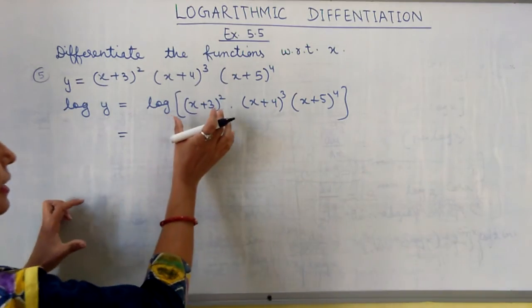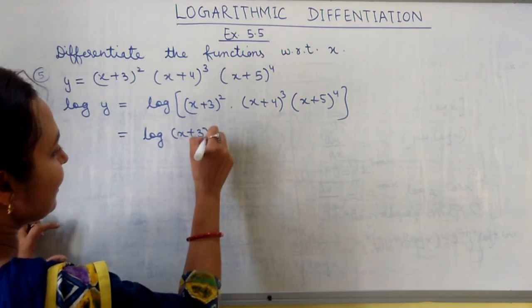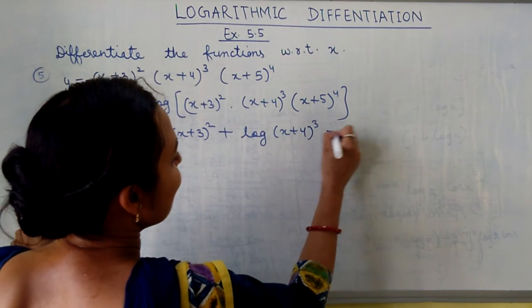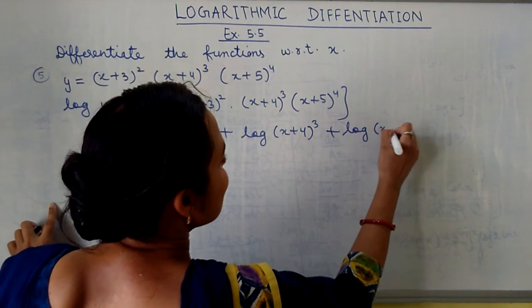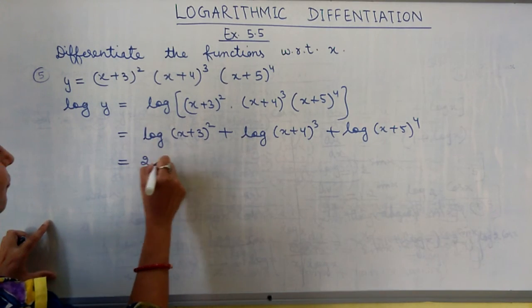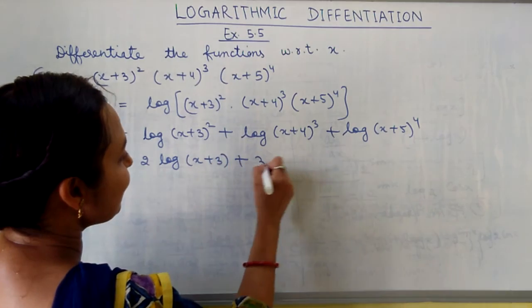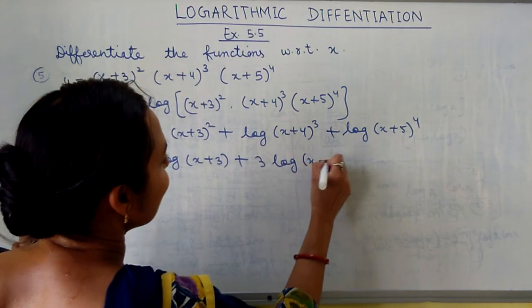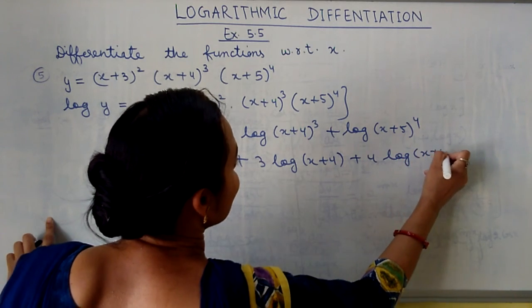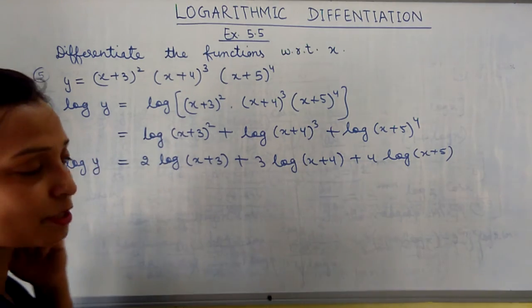Write the properties: A, B and C, log A plus log B plus log C. Now according to the next property, it comes forward: 2 log x minus 3 plus 3 log x plus 4 plus 4 log x plus 5. This is log y. Now, no further simplification is possible.